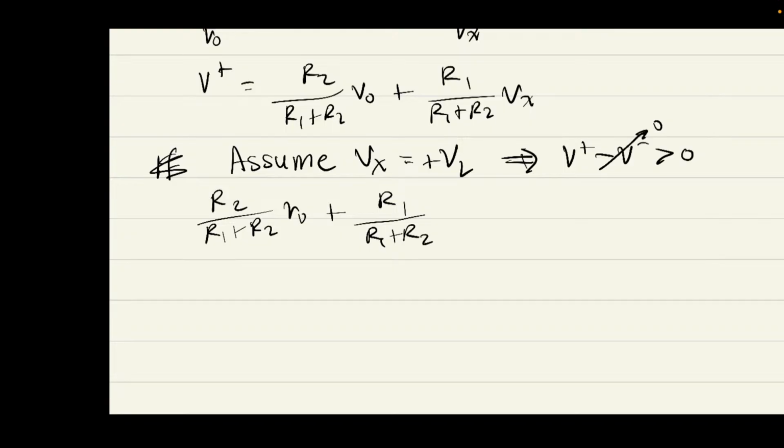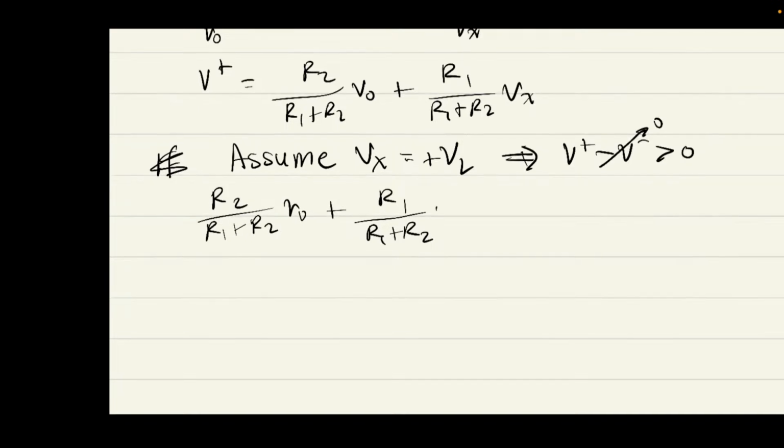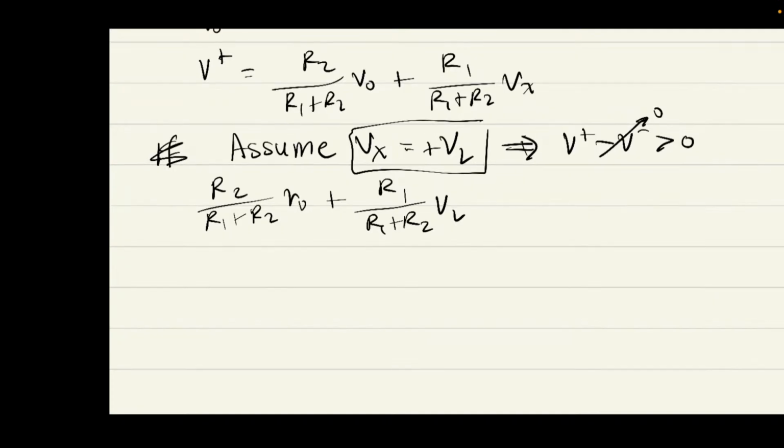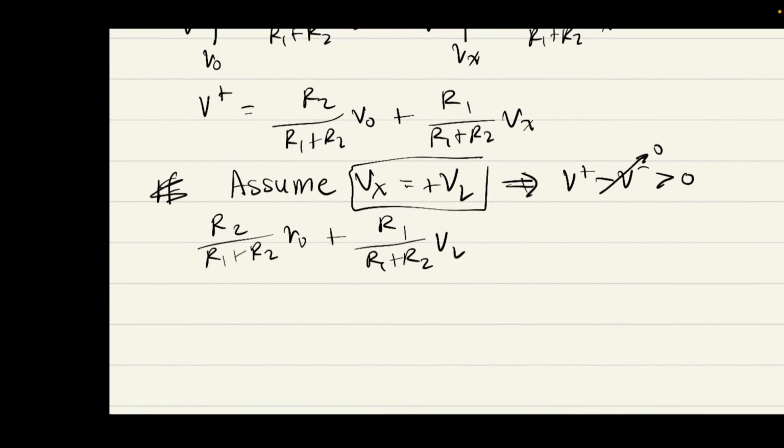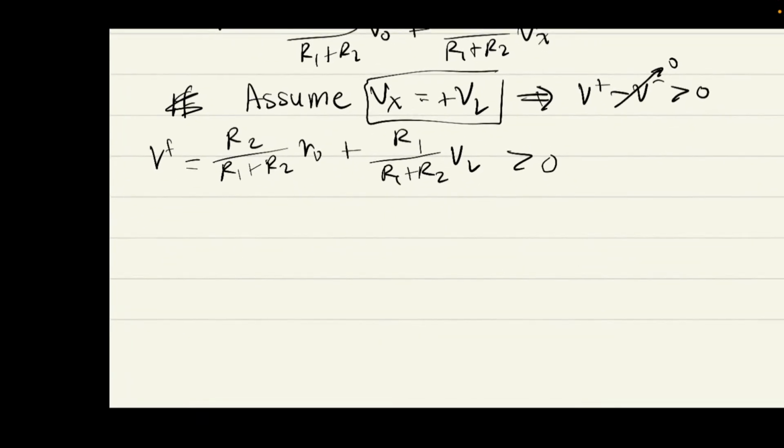But what is Vx? Anyone? VL, yeah, that's right, because we assumed it here. Okay, and we know that this entire expression, which is just the same thing as V plus, is greater than 0. Well, we can solve this for VO, and we see that VO is greater than negative R1 on R2 times VL.